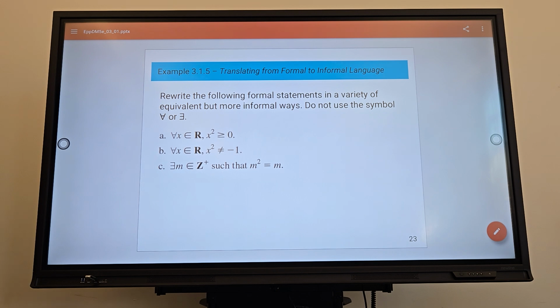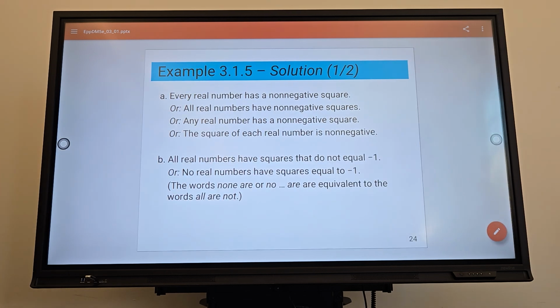Now, all of these statements are true, but the idea is to think about them in formal and informal terms. So, I went through these. Any real number has a non-negative square. The square of each real number is non-negative. All real numbers have squares that do not equal minus 1.